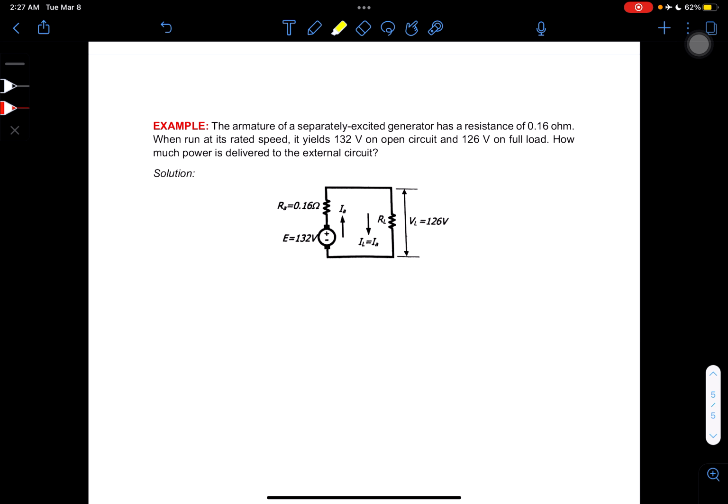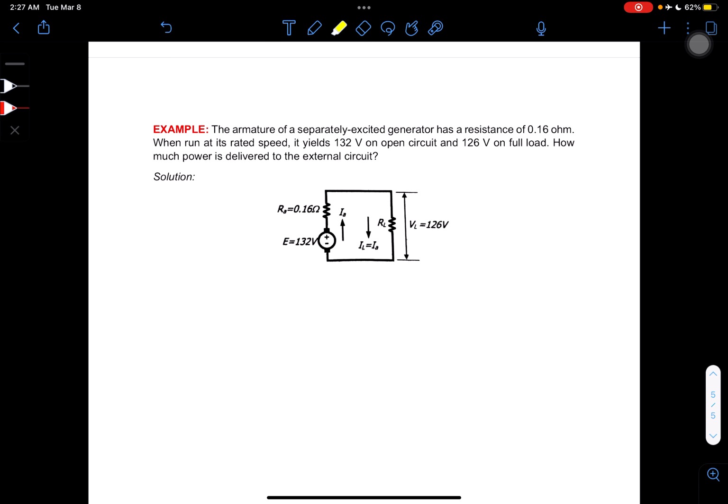So we have here our equivalent circuit diagram from our problem. Given is RA of 0.16 ohm. It is clear that the problem says separately excited generator, so of course we need to memorize the formula.